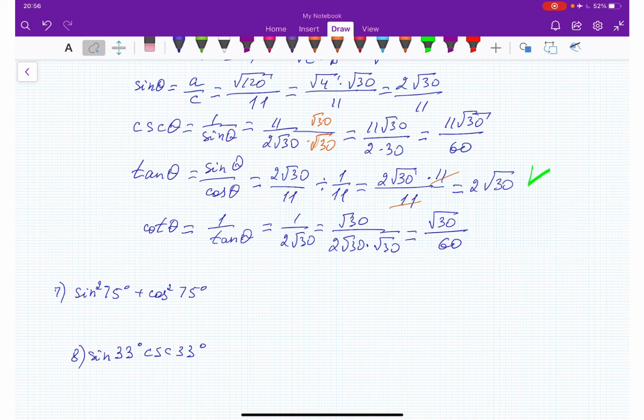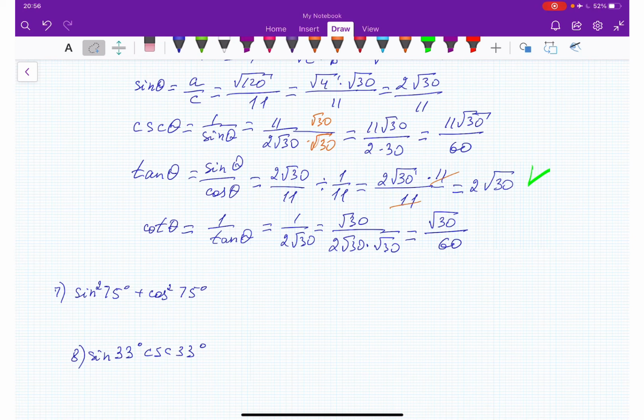So we are going to use fundamental identities or the complementary angle theorem to find the exact value of this expression without calculators, without calculating.